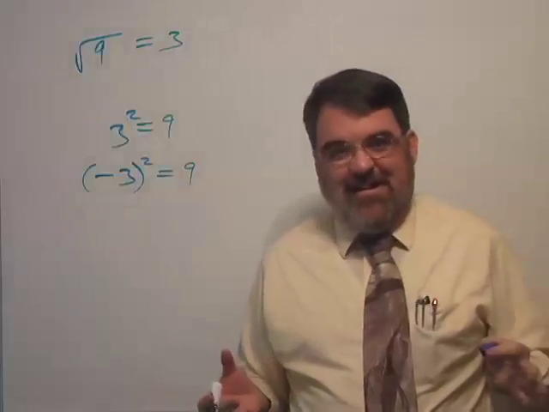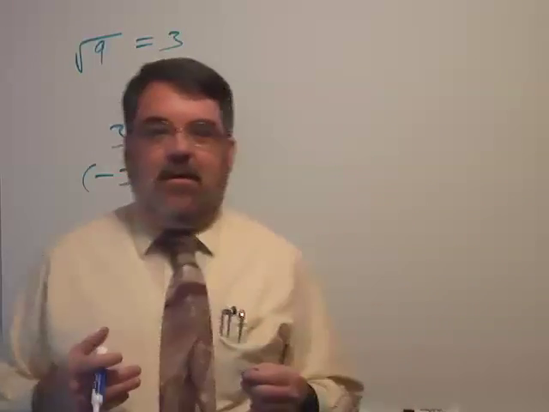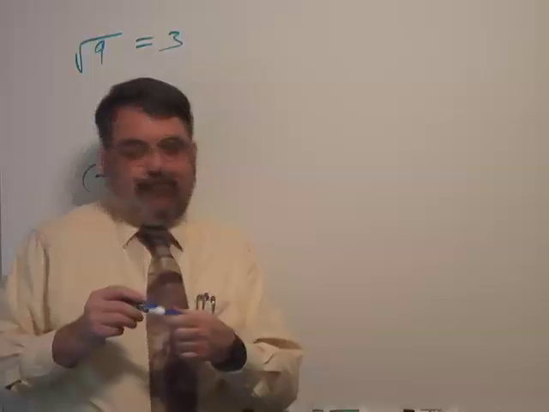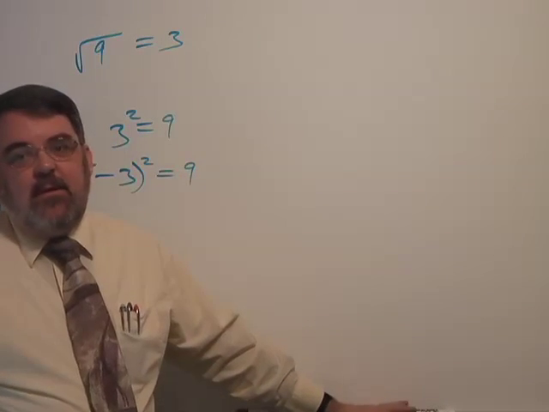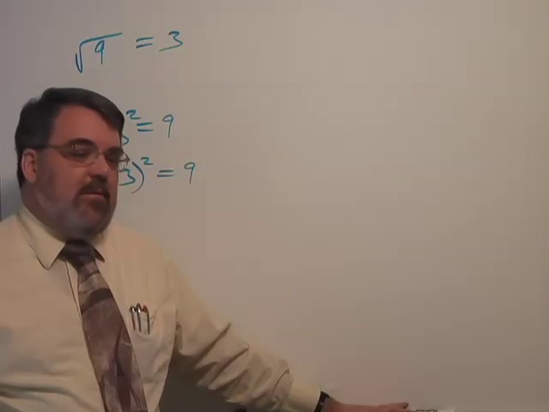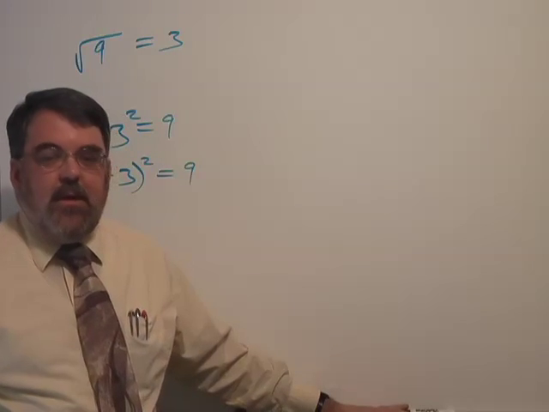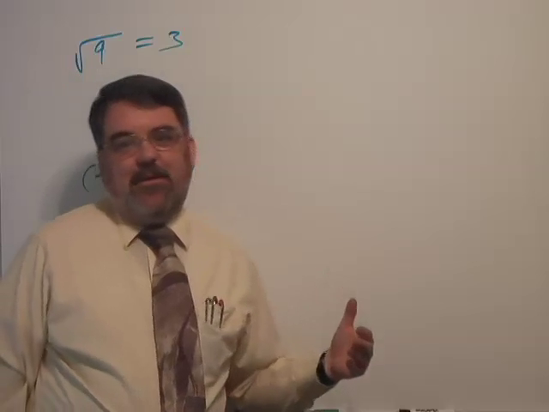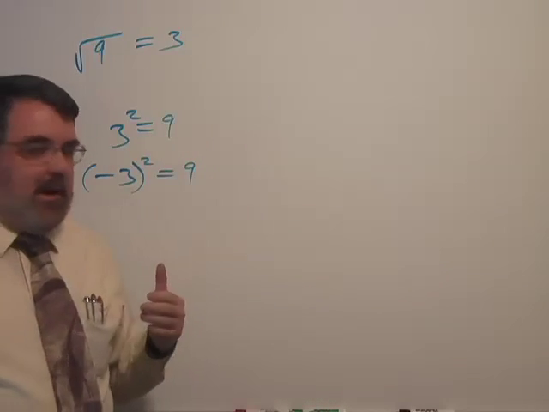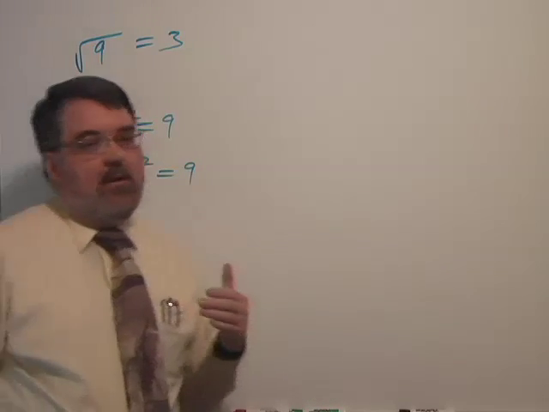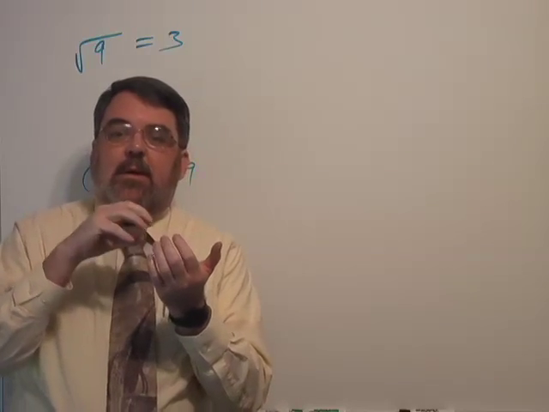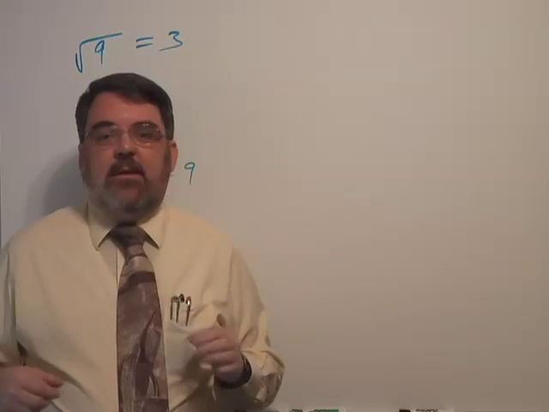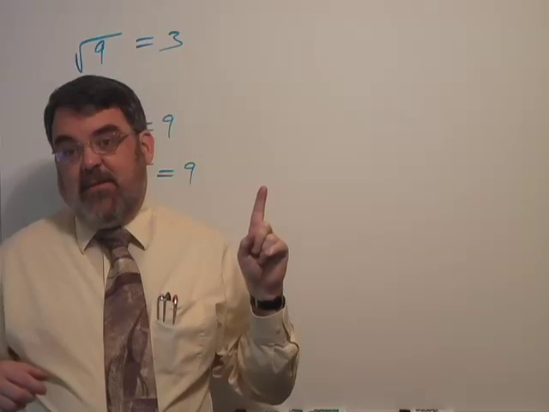No, it's not okay. What evolved over the centuries was an agreement to treat the square root as a mathematical function. Now you're going to study mathematical functions in some detail in a later chapter, but the hallmark of a mathematical function is that when there's an input value, the function does something to it and gives you a single output answer.